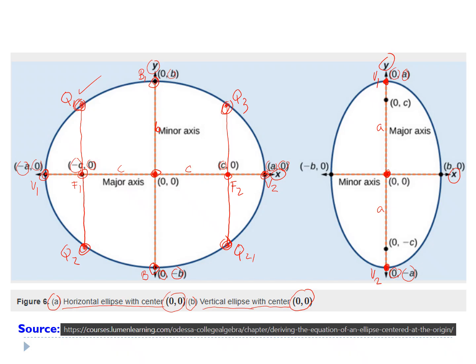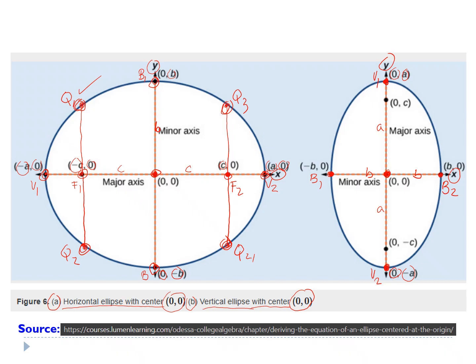The ends of the minor axis, we call these co-vertices. We can call this point here on the left side b1, and on the right side we can call this b2. And we know that the length from the center to b1 is b, small letter b, and to the right is small letter b as well.